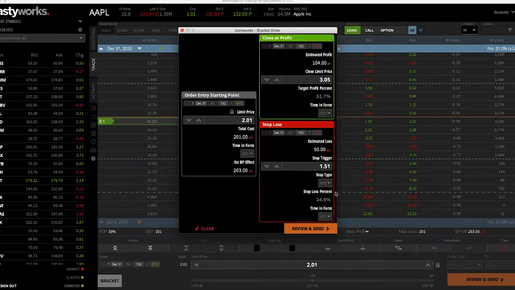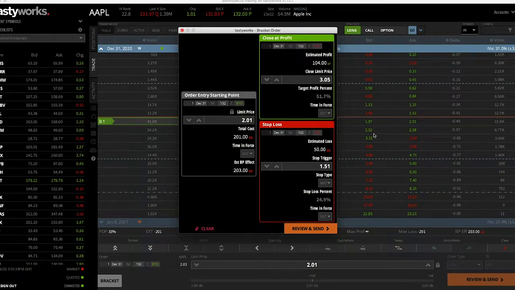Now it would be the same case for any of the other boxes. So for instance, stop loss, you would simply select good till cancelled, and that's it. In actual fact, good till date doesn't mean date of expiration, sorry, it means good till end of the day, so the close of play of the trading day. But you want to keep it as good till cancelled, as that will be until the expiration of the contract or whenever you close the trade.